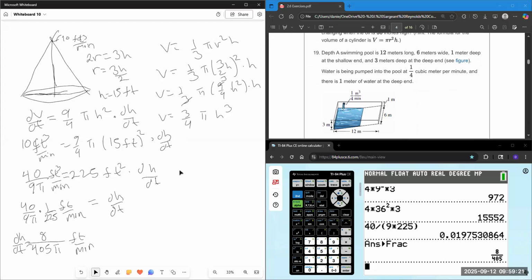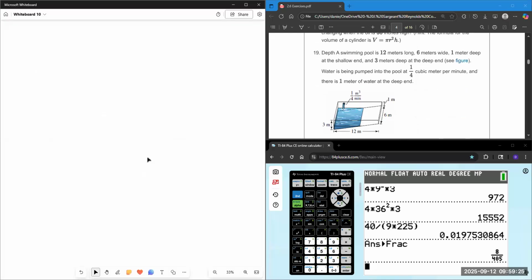Looking now at number 19, this is a pretty complicated problem. It's going to take some time, but this is pretty real. So you don't have a swimming pool that has a shallow end of 0 depth. When you get in, it's always got a shallow area that starts off gradually and goes down.